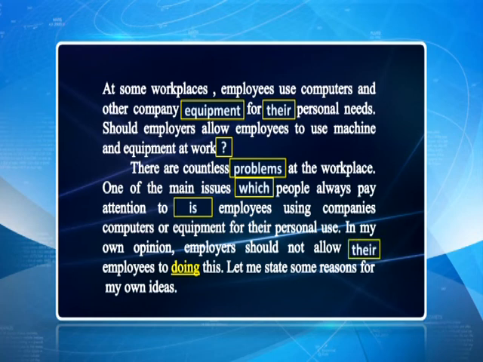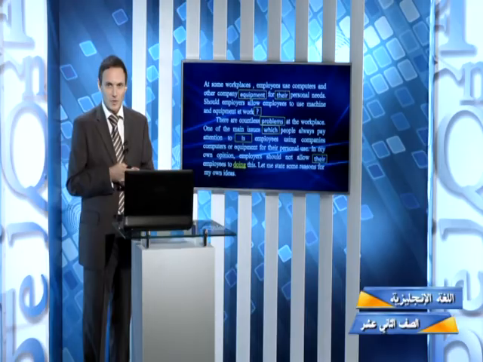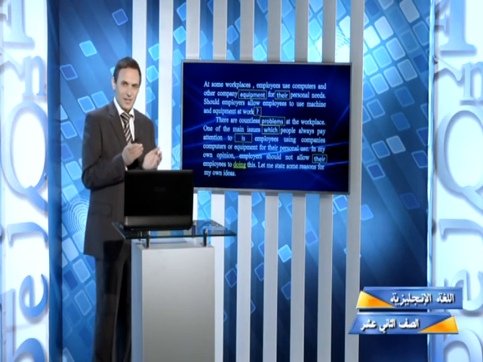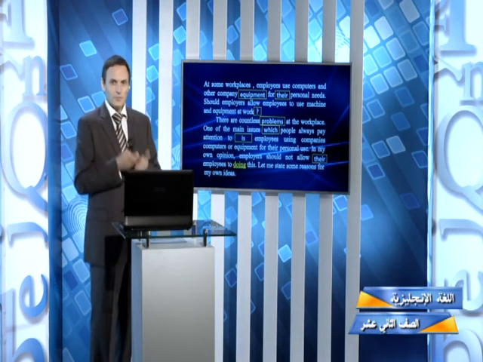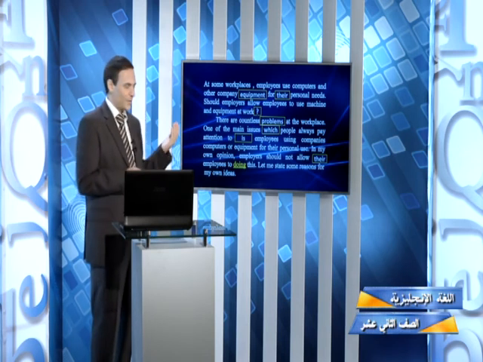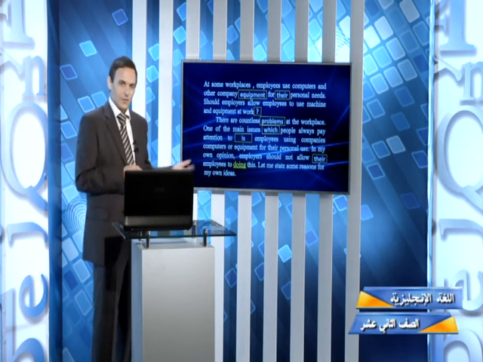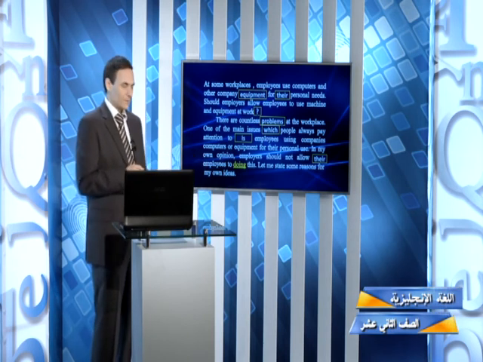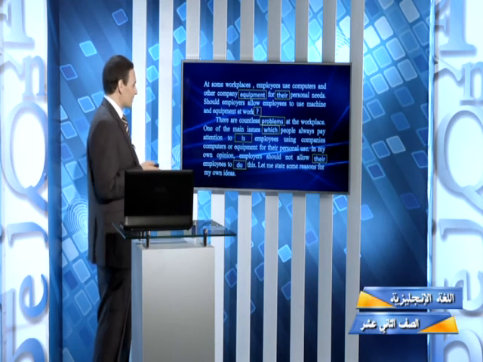Okay? So allow their employees to doing this. After to, we should use the base form of the verb. And because this is an infinitive, we have to follow it with the base form of the verb, and the base form of this verb do is do. Okay, as simple as that.